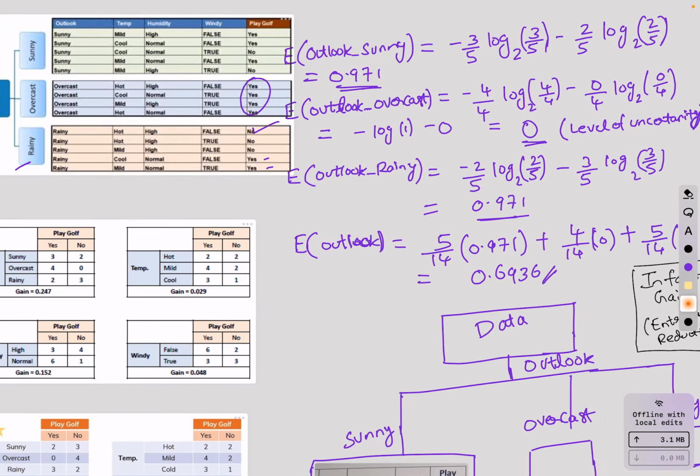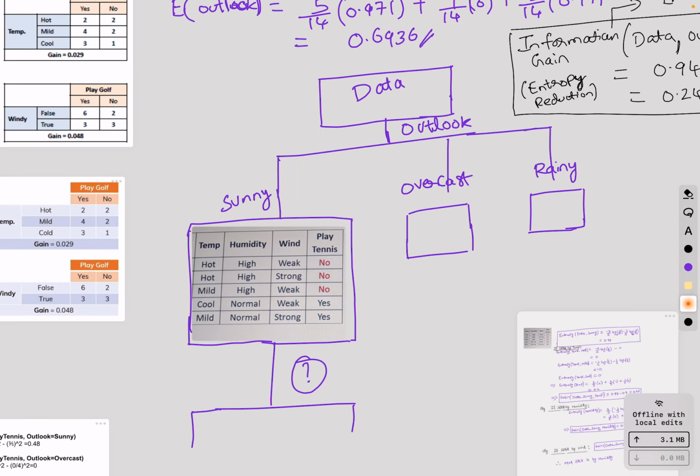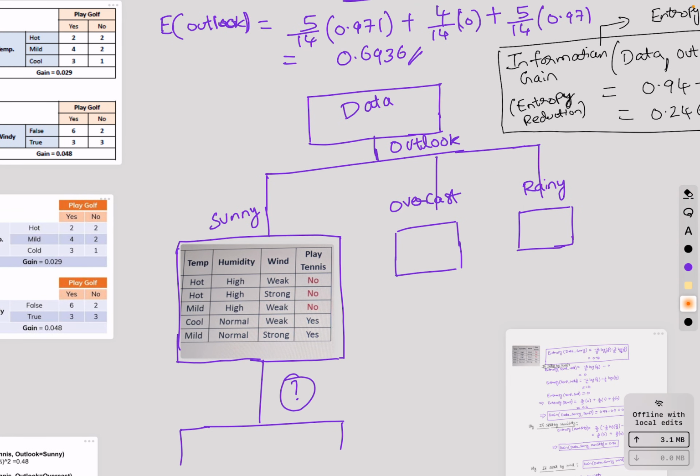All are the same thing, just the terminologies are different. But conceptually, we are only trying to reduce the uncertainty.